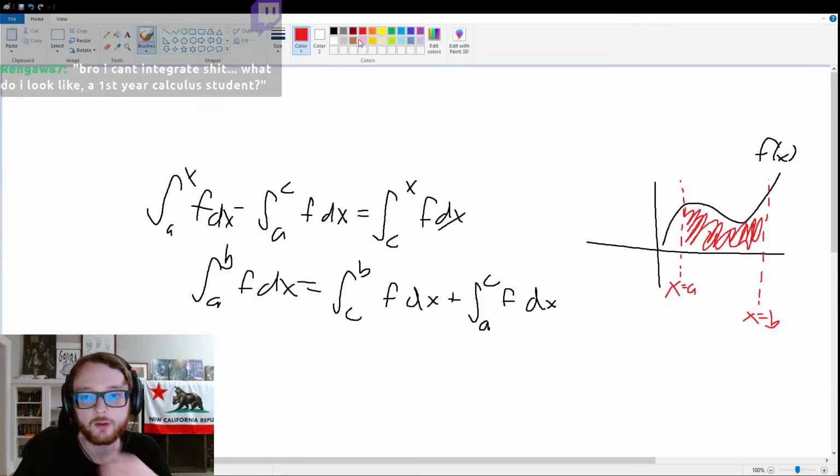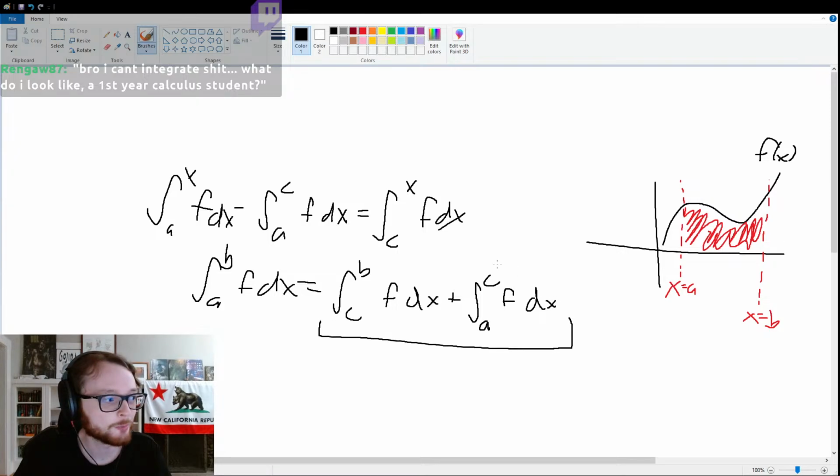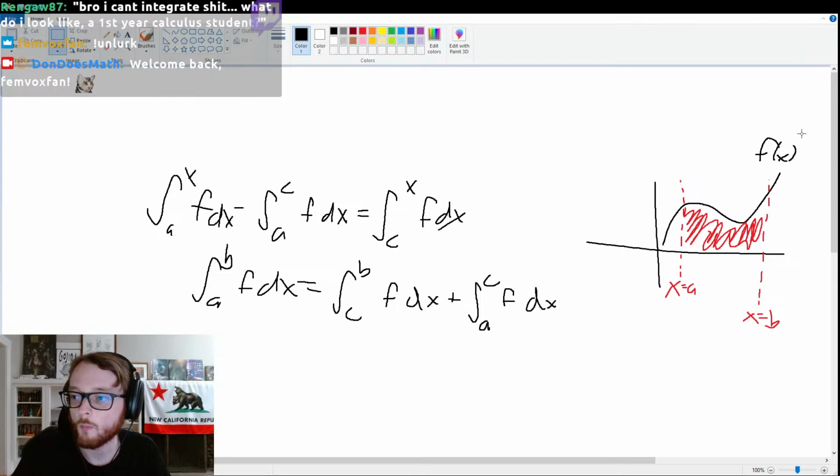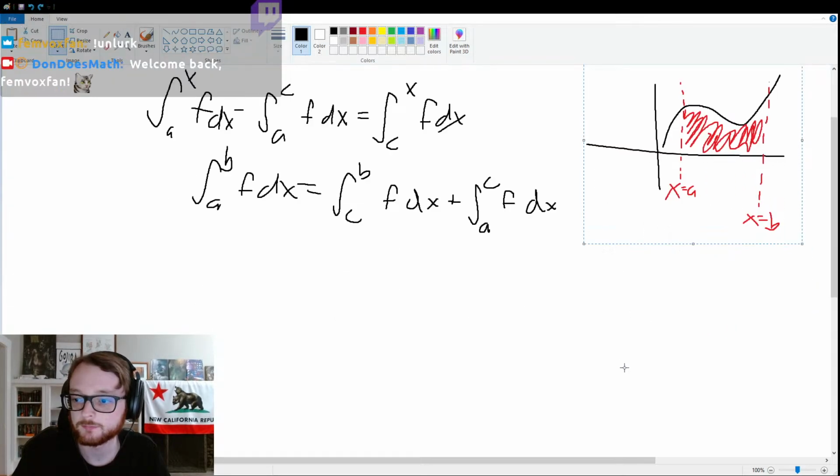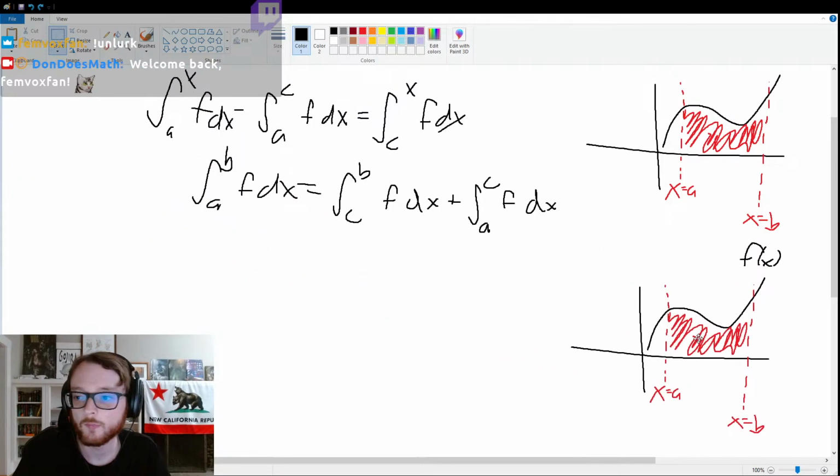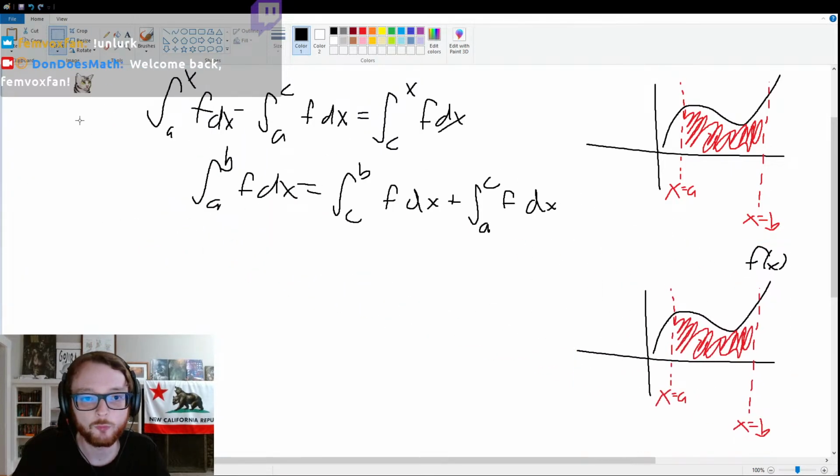And all this formula down here says is that if you make an arbitrary partition in this curve and add those two areas separately, you get the entire thing back. I'll show you what I mean by that. Because obviously I just used the word partition, we need to actually show what that means.